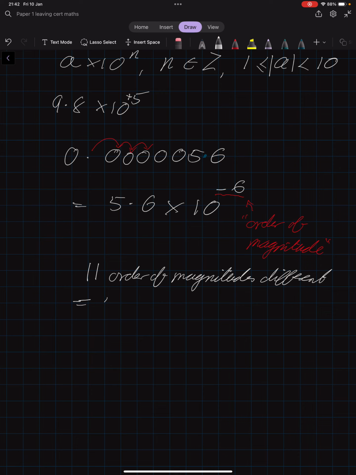Because you do 5 minus negative 6, which is 5 plus 6, which is 11. And that's where I got the 11 from.